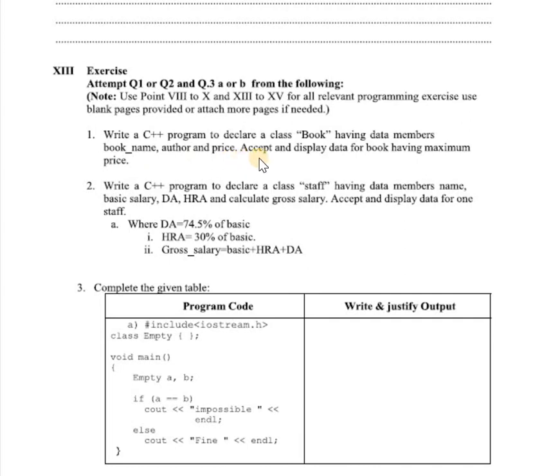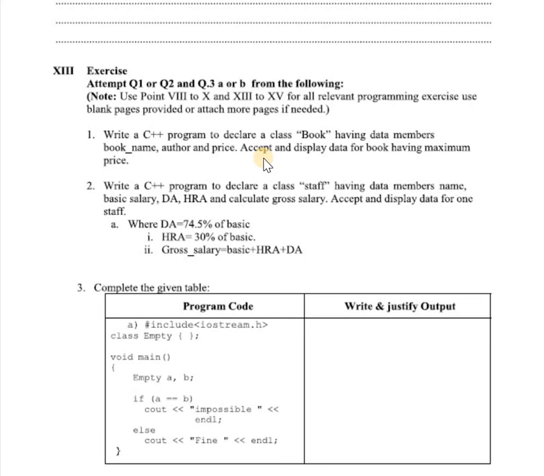That means you compare the data of two books. If B1.price, that means first book price, is greater than B2.price, that means second book price, then display the details of the first book. That means book 1 has the greater price, else display the message that book 2 has the greater price.